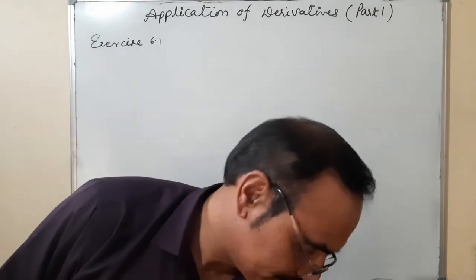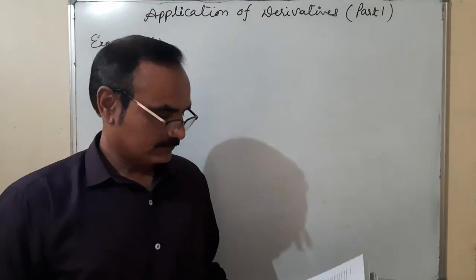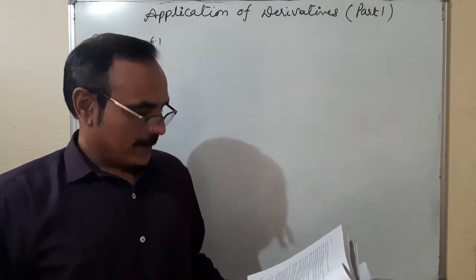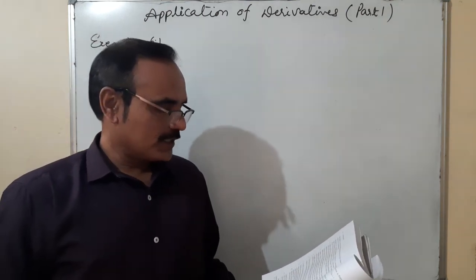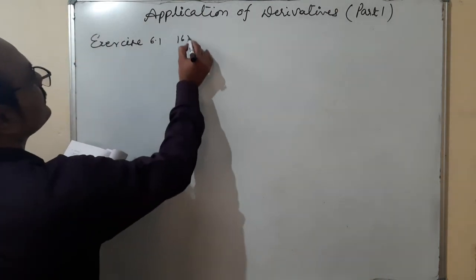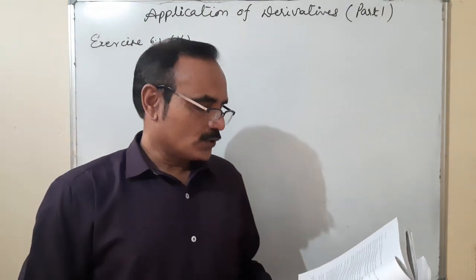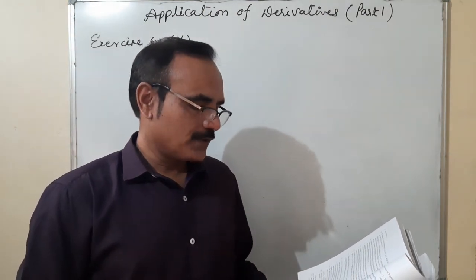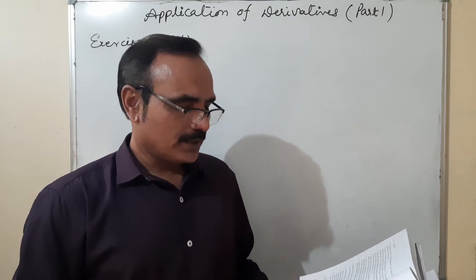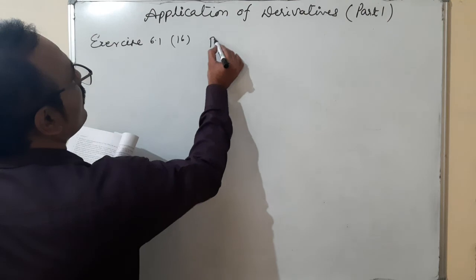After this question, this is question number 16 I am taking; 15 and 16 are the same. Question 16: the total revenue in rupees received from the sale of x units of a product is given by R(x), the total revenue.